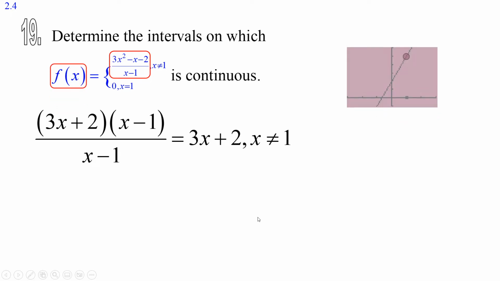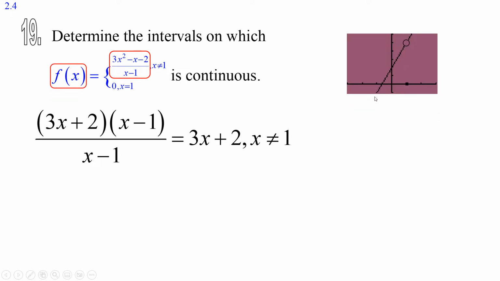So f of x, there it is right there. And I had to add to my graph because your graph won't show you that hole. But this is 3x plus 2 right here. And there's my hole. Add x equals 1. And when x equals 1, the output is right there. Okay? So let's just describe this.